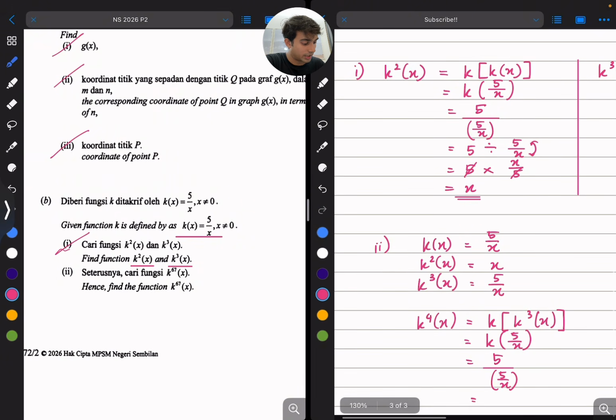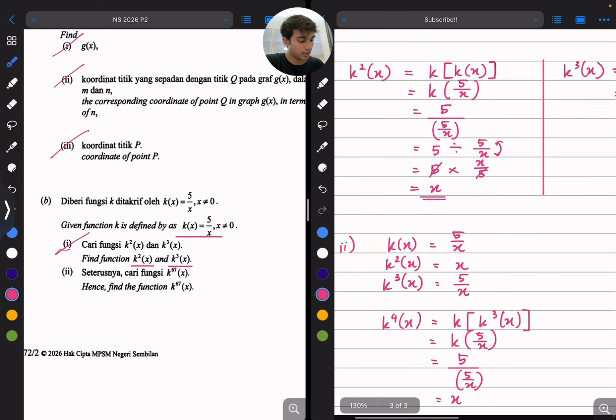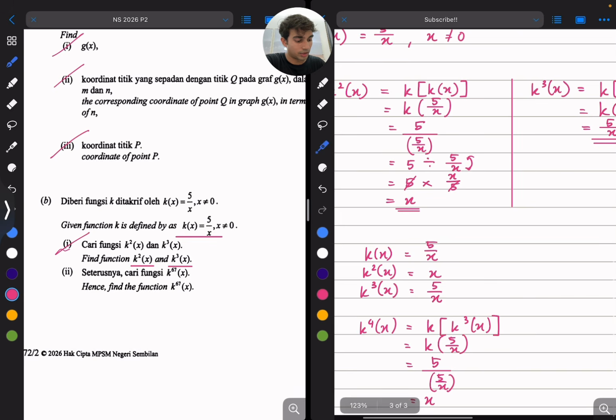This one we found earlier already is equal to x. It's the same method here. So you can straight away write this. So you can tell them, it's evident that it follows a pattern. All the odd numbers, k power 1, k power 3, k power 5 and so on, are 5 over x. All the even numbers, k square, k power 4, are all x.